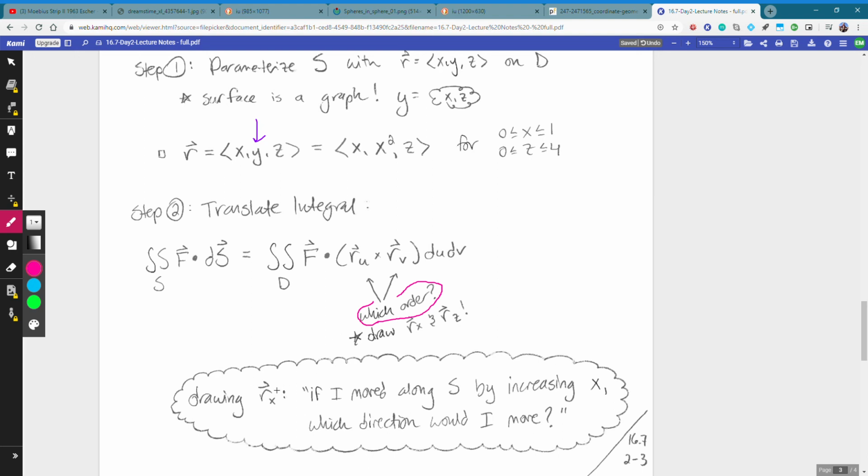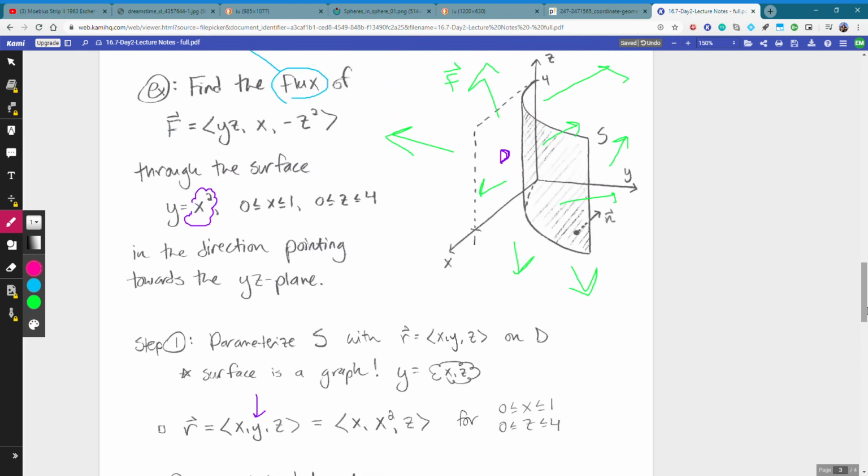And so the idea here, for example, with drawing Rx, the question we ask ourselves is, okay, if I moved along my surface just by increasing my x parameter, which direction would I be moving? And then draw an arrow to show that direction of movement. So for example, up here on our surface, if we imagine ourselves at this point here, that's corresponding to maybe this point here in our domain for our parameterization.